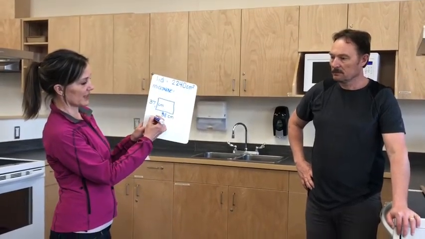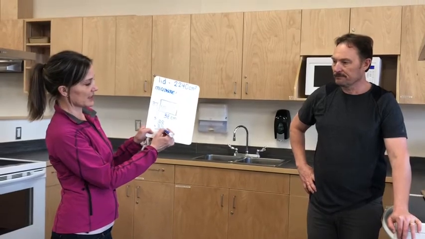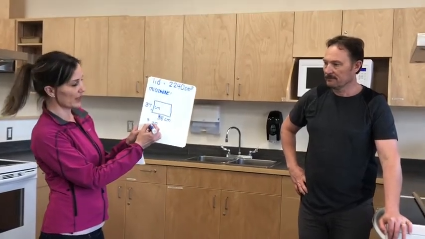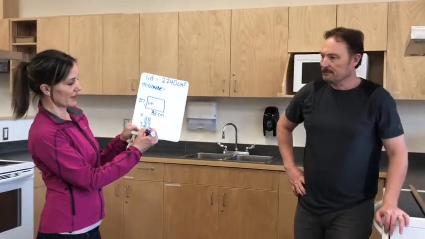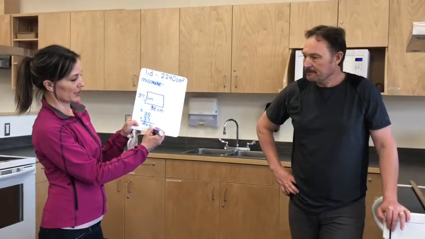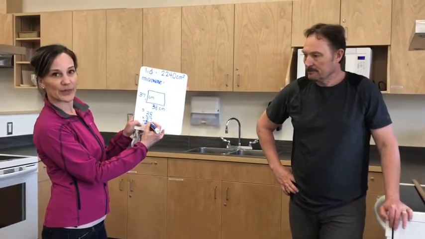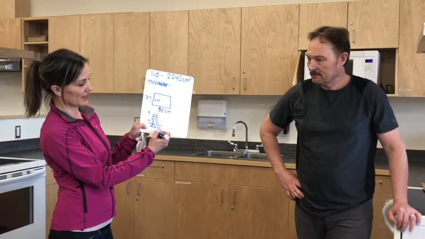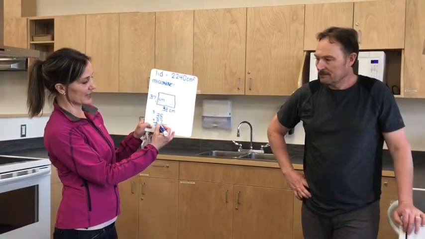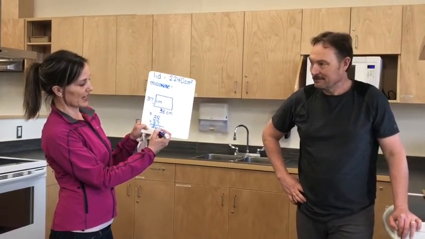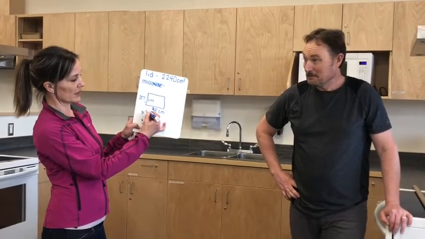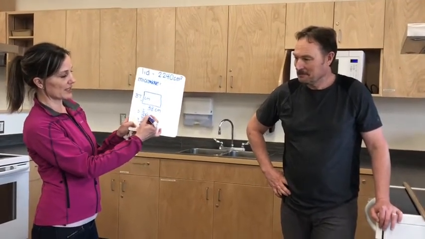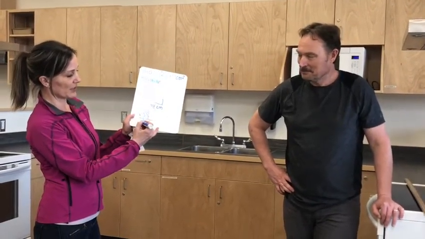7 times 8 is 56. 7 times 3 is 21. Plus 5 is 26. I'm going to start a new row looking at the number in my tens place. So my new number is going to start in the tens place. 3 times 8 is 24. 3 times 3 is 9, plus 2 is 11.